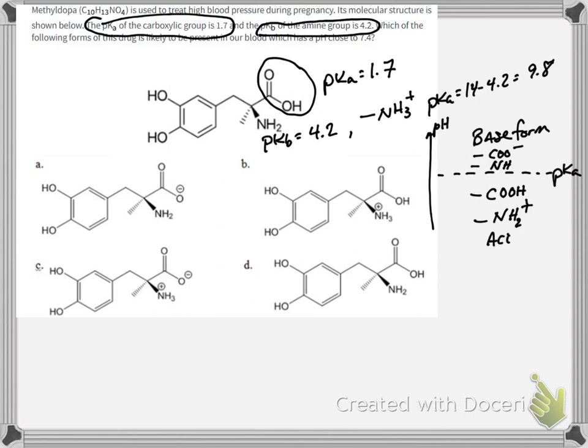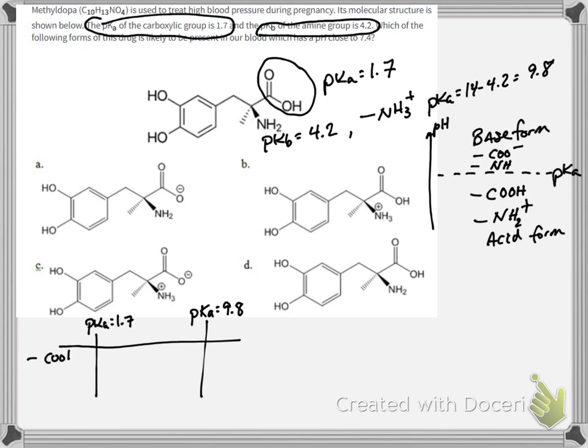And so we can create a number line for the acid form. The number line looks like this. We put our first pKa of 1.7 here. Draw another line, pKa equals 9.8. Now it's just going to help us organize our groups. First of all, any pH less than pKa is definitely going to be in an acid form.